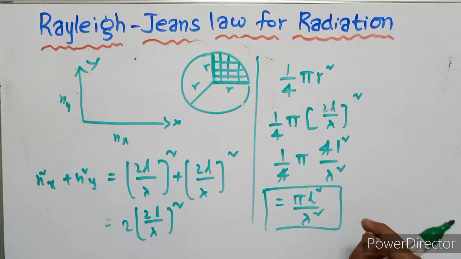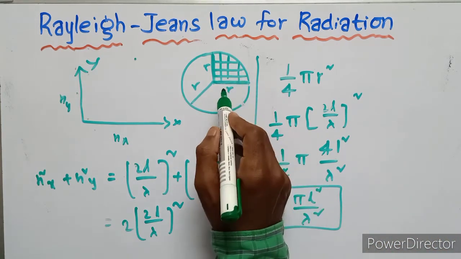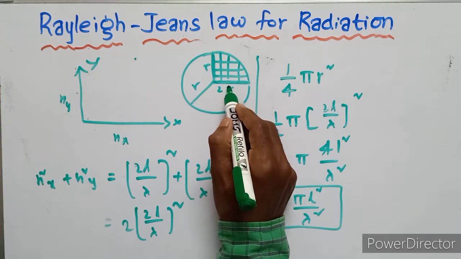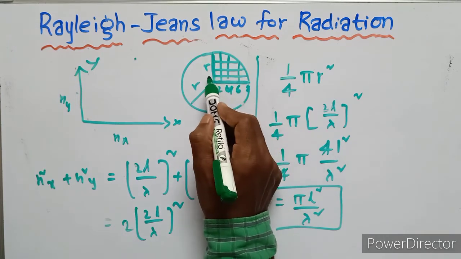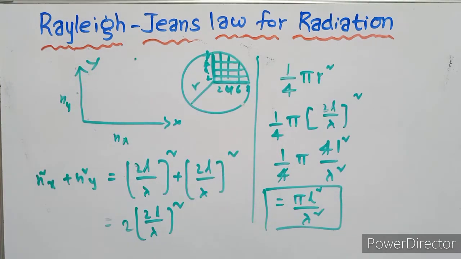So this quadrant is divided into, for example, 8 divisions: 2, 4, 6, 8. So this quadrant area is divided into 8 parts.